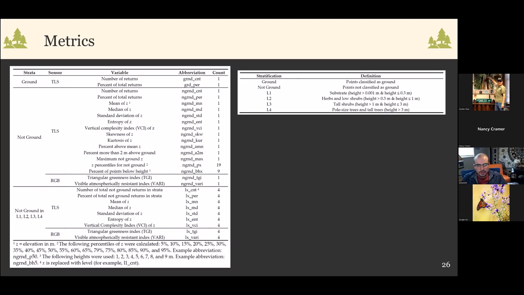So we ended up with a fairly large set of metrics that characterized the distribution of the points within the point cloud. We did this within a 10-meter radius around the scanner, or the plot center. In order to look at change over time, we did this for the pre-burn scans and the post-burn scans, and then we differenced each of the metrics one by one.